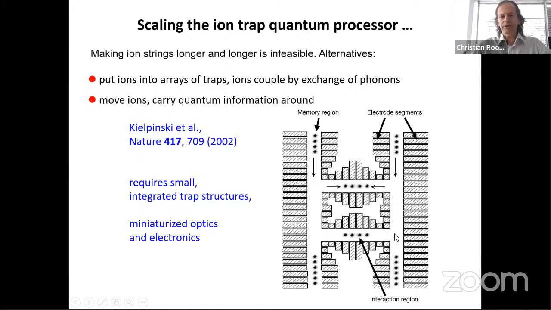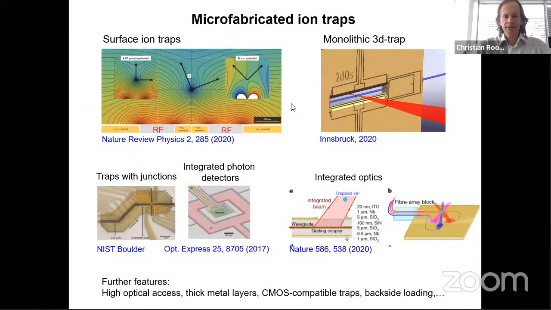In addition to being able to handle more ions, these microfabricated traps are interesting because you have smaller trap structures, and this also provides opportunities for adding more features to your ion trap and for miniaturizing the experiments. And this is what has happened over the last couple of years. Nowadays there are, for example, surface ion traps where all the electrodes are in a single plane, which has advantages in terms of the fabrication process.